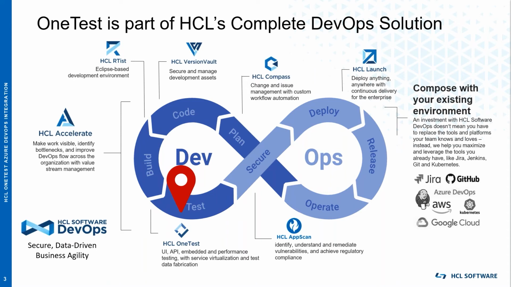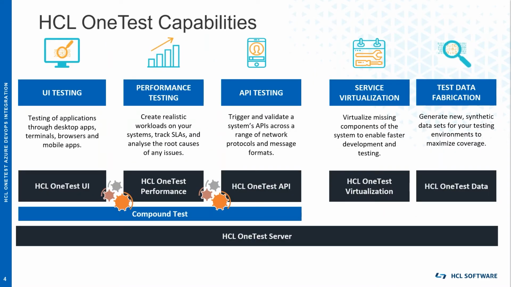Speaking of which, that's probably why you're here today, because we're going to show how One Test works with Azure DevOps. But as a brief overview, before we get to that, I just want to talk about what One Test capabilities are. As I mentioned, we are a complete testing suite. We offer UI testing, performance testing, and API testing. So think about testing the interfaces of your applications that you are building.